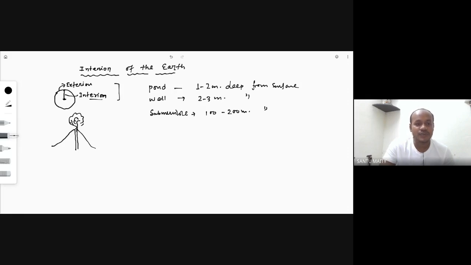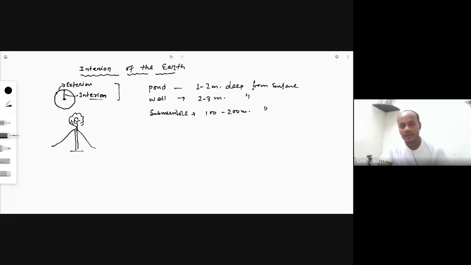The materials coming out from the earth are either magma or gases or both of them or some other materials. Through this volcanic material we can also come to know that there is something available inside the earth, and how long the interior of the earth is extended. Am I clear?